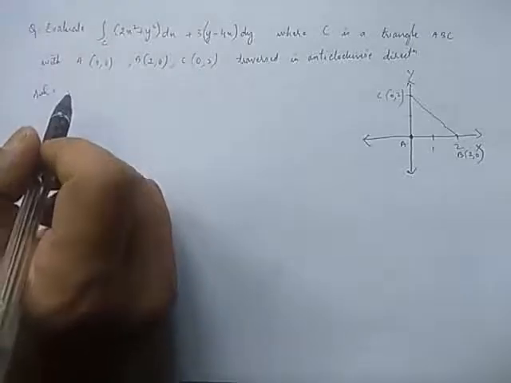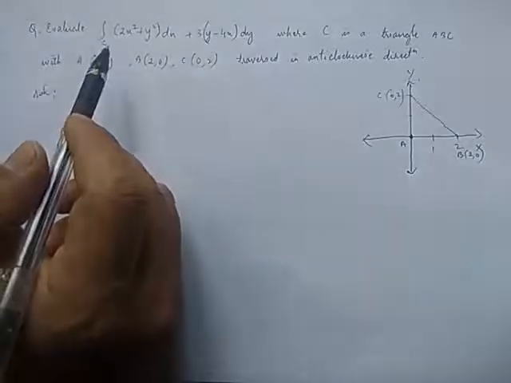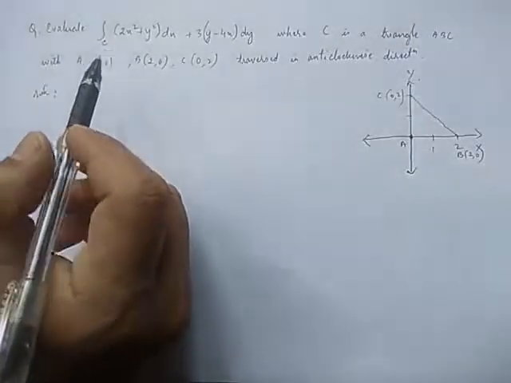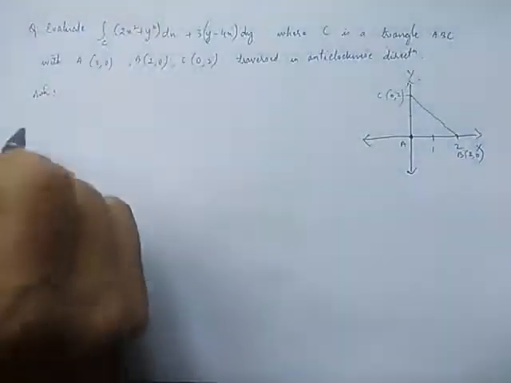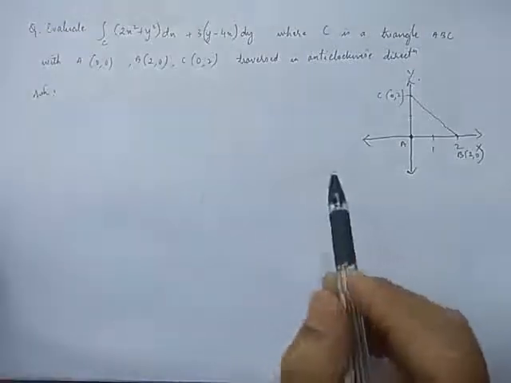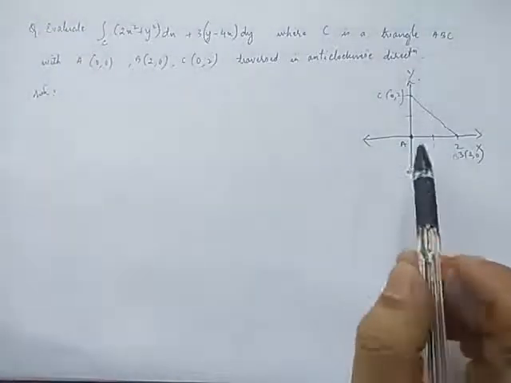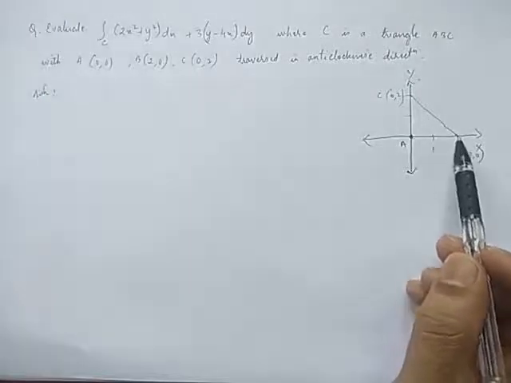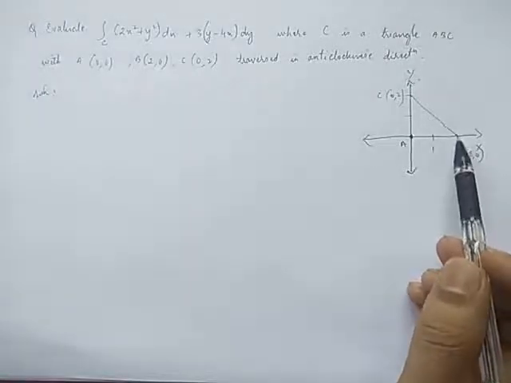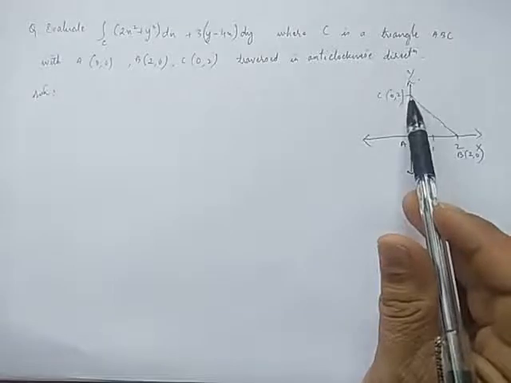Okay, so I'm going to integrate this one. So first, for going along C, we can talk about the path as from here to where first, and then from here to where.